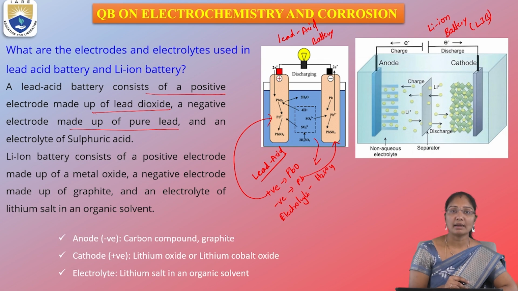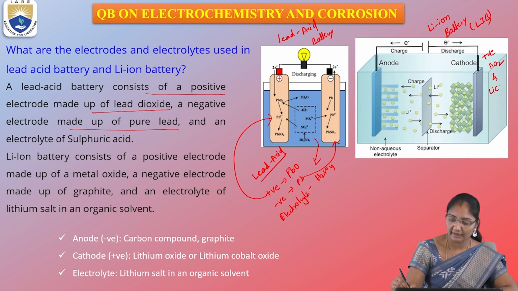And this is the lithium ion battery, LIB. Coming to the lithium ion battery, the positive electrode, the cathode, is lithium cobalt oxide, LiCoO2.